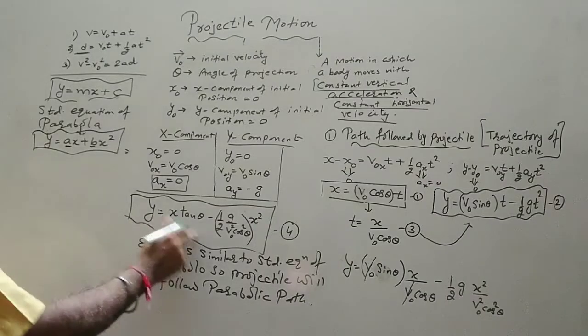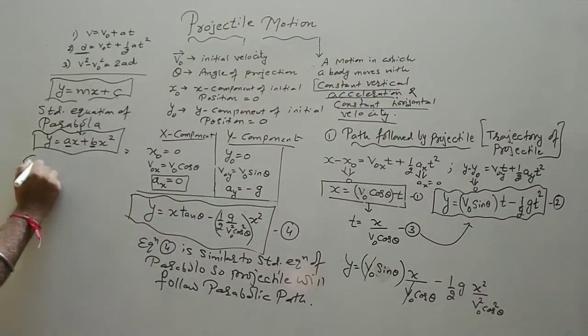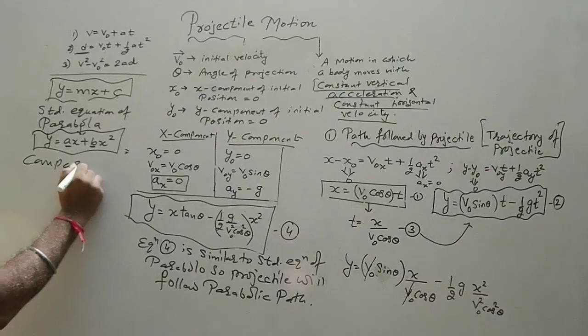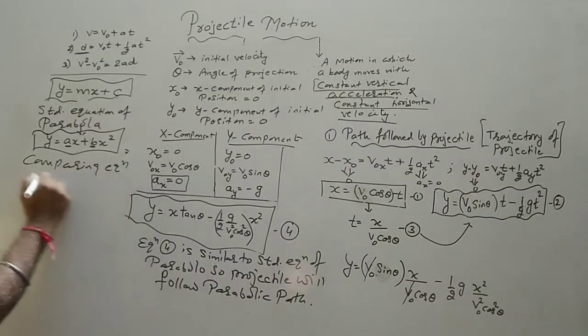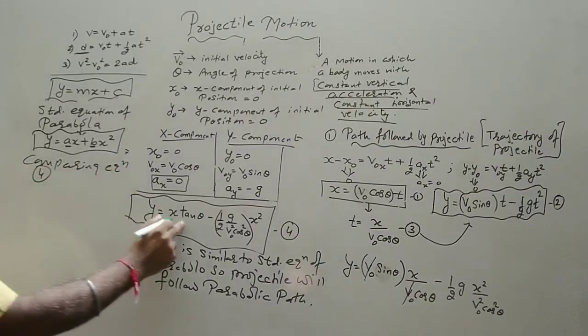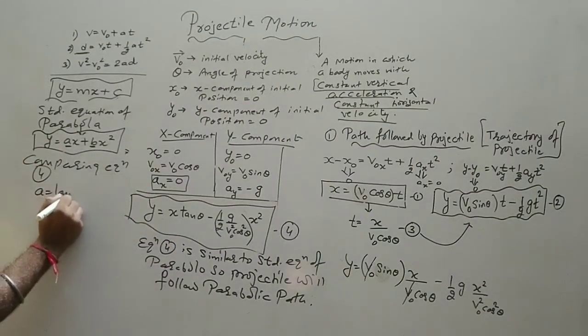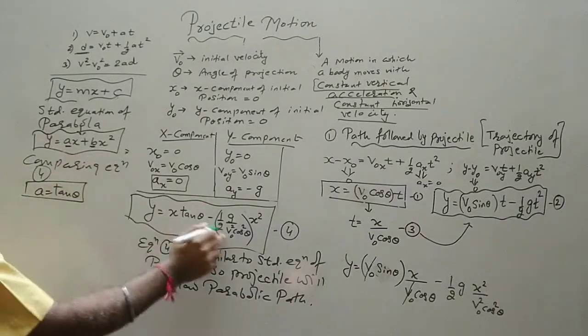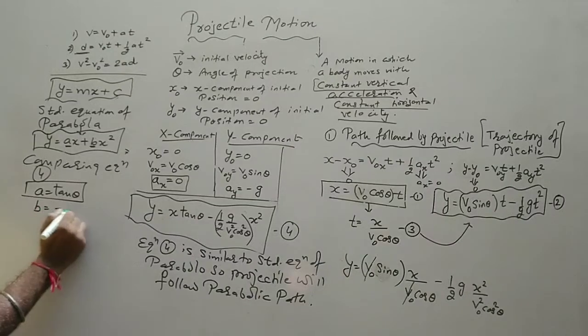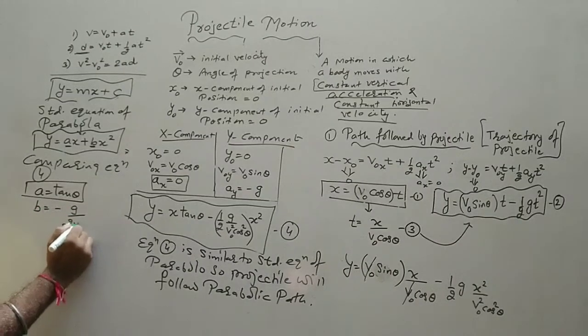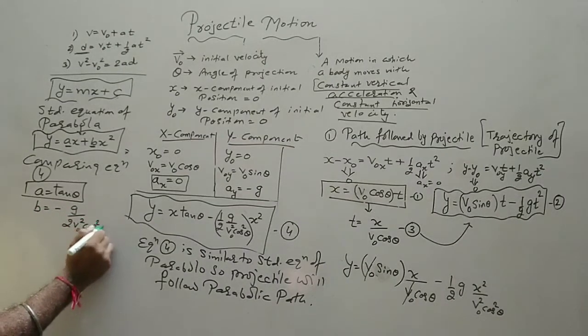So if I compare these two equations, comparing equation 4, you see that a is equal to tan theta. And if I compare b, it becomes minus g upon 2 v0 square cos square theta.